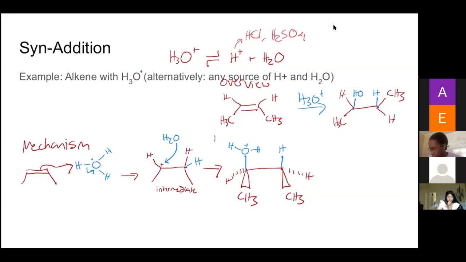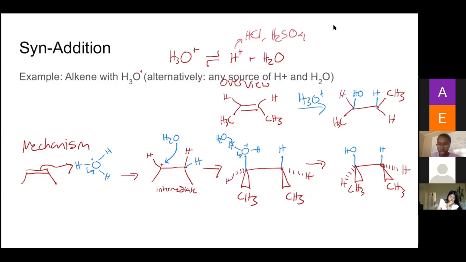So I'm going to draw another H2O coming to deprotonate a hydrogen off our molecule, and that gives us our product. So we have our hydrogen from before, and we have our alcohol.